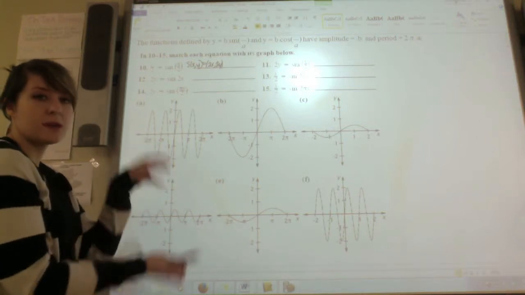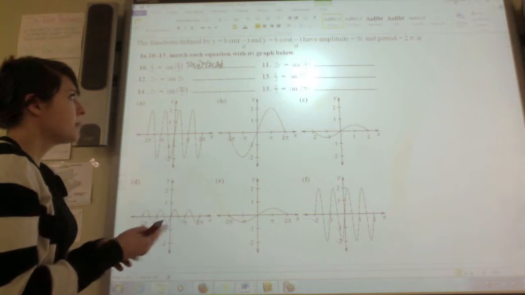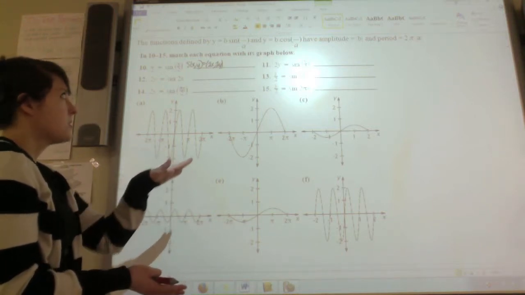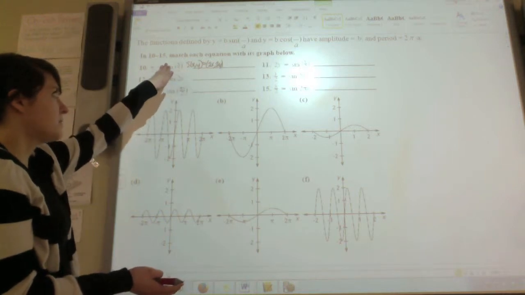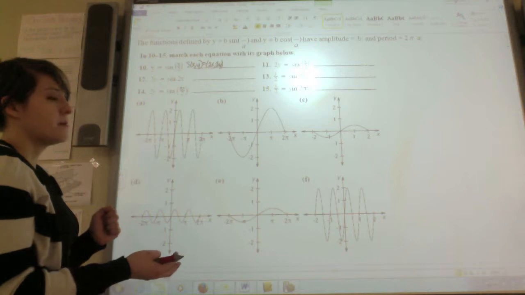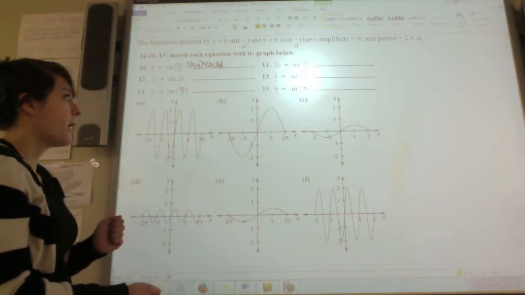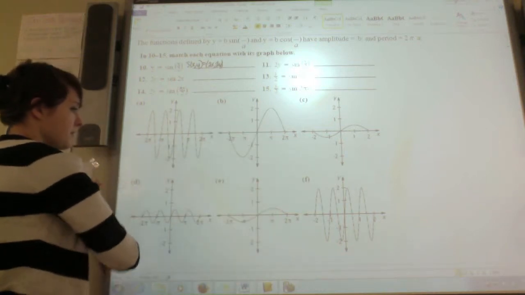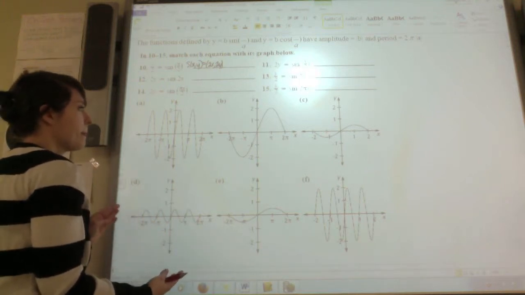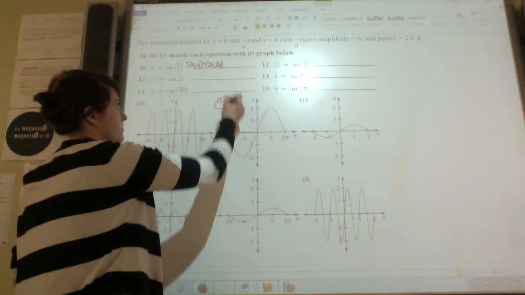Well, amplitude is talking about the y directions. Normally I'm going from -1 to 1. In this case, I'm going to go from -2 to 2. And then my period is normally 2 pi. If I'm multiplying that by 2, my new period would be 4 pi. So I'm looking for a graph that goes from -2 to 2 and has a period of 4 pi. So I know that that's going to have to be b.